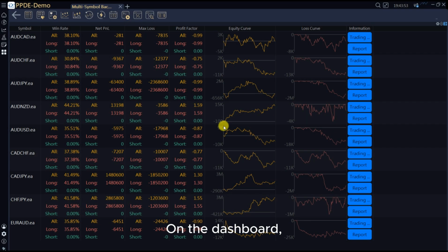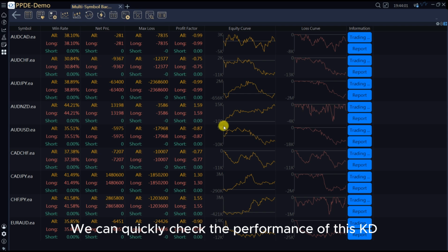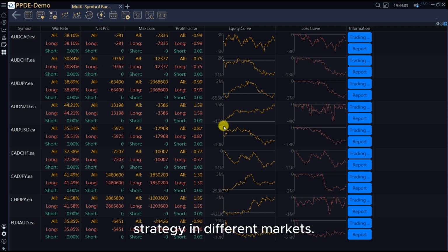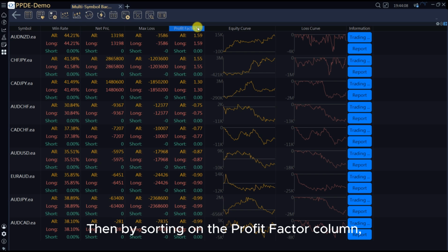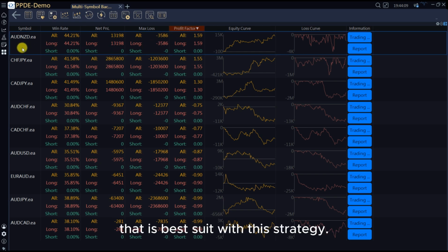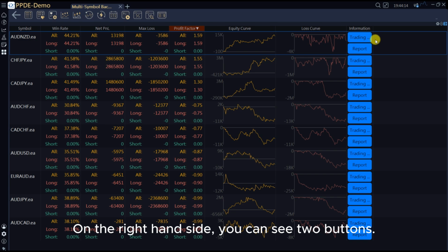On the dashboard, you can see the overview of the strategy result, but let's take a closer look. Through this function, we can quickly check the performance of this KD strategy in different markets. Then, by sorting on the profit factor column, we can find the trading symbols that best suit this strategy. On the right-hand side, you can see two buttons.